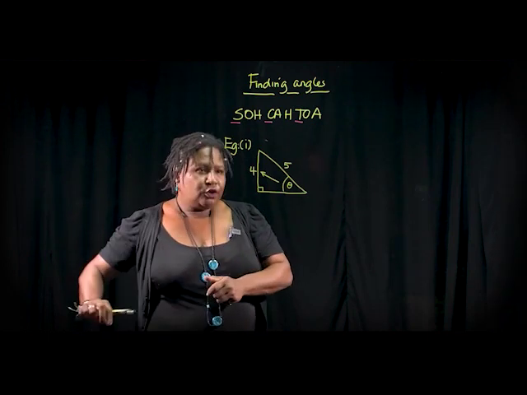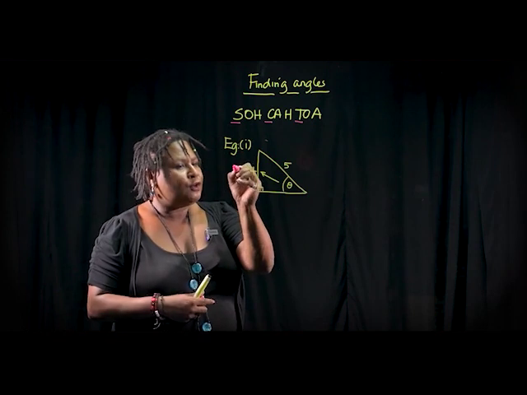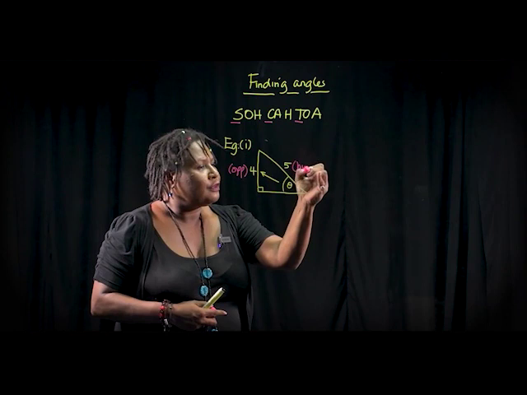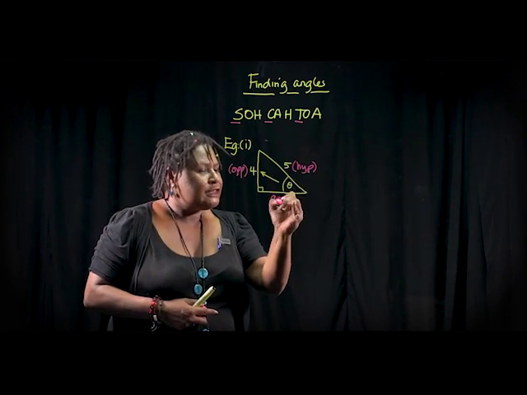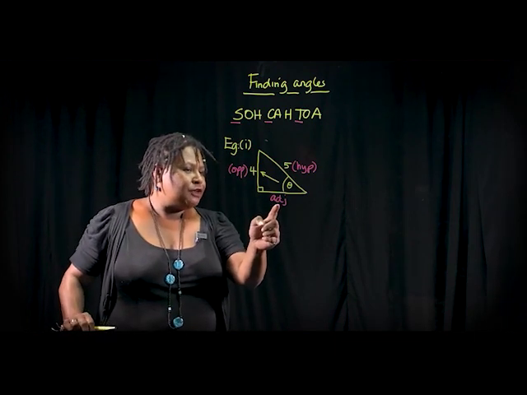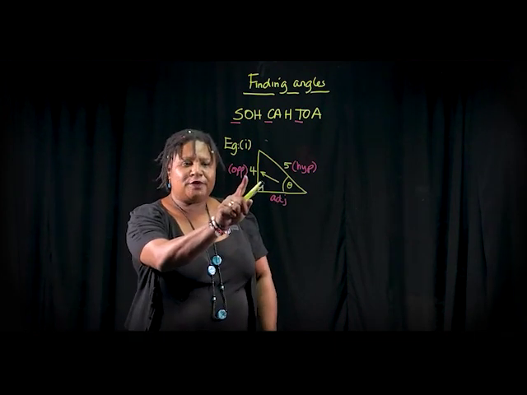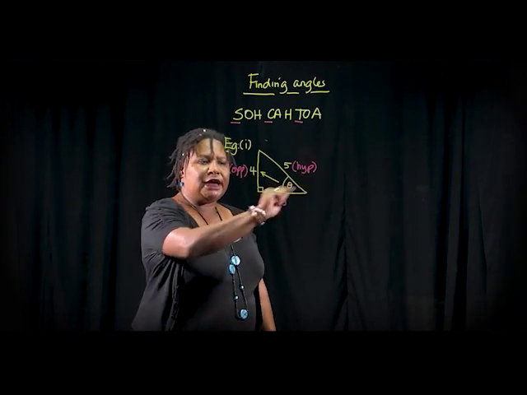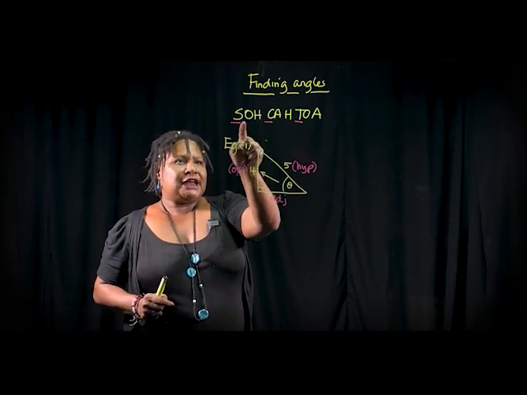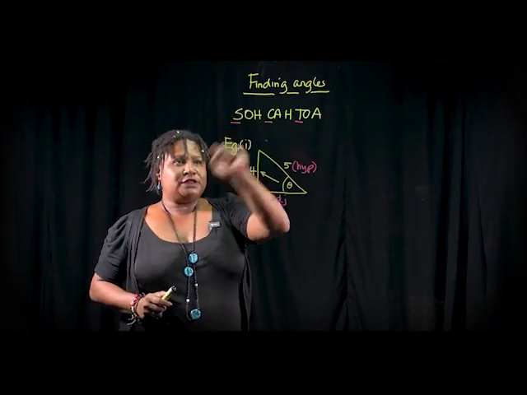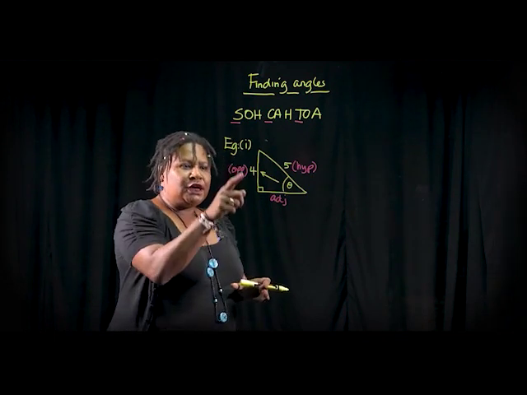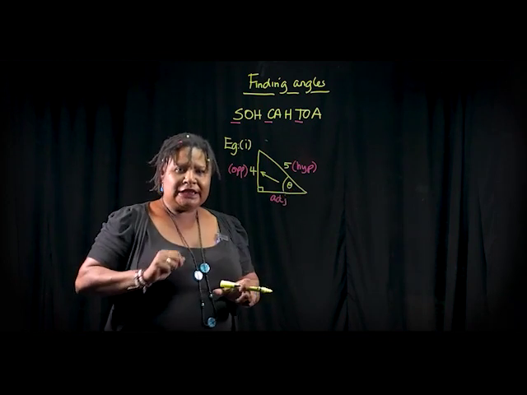Now, notice this is your opposite side. This is your hypotenuse, and this is your adjacent, okay? Now, there is no value given for adjacent, but there is a value given for opposite and hypotenuse. So, from the three ratios given, sine is the ratio that uses the opposite and the hypotenuse. So, that's the ratio you are going to use to find the value of theta.